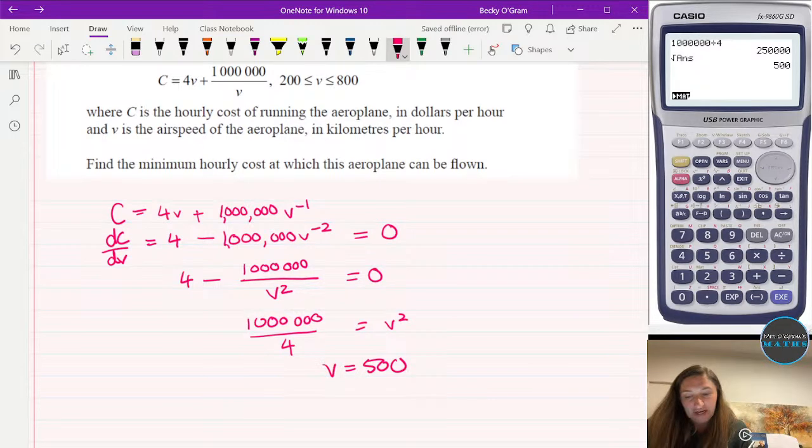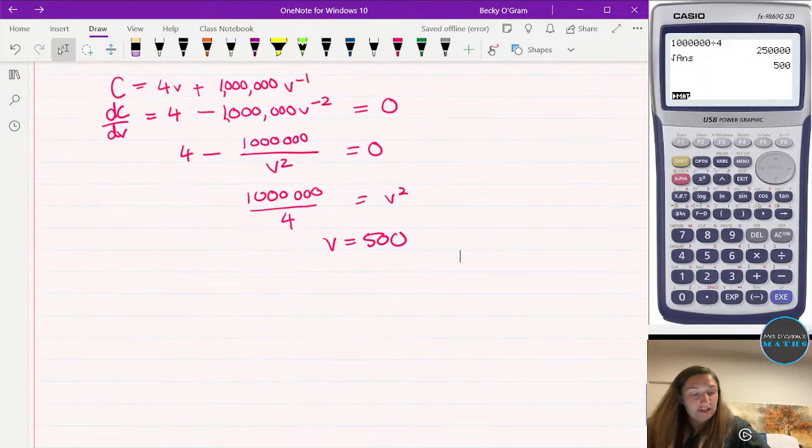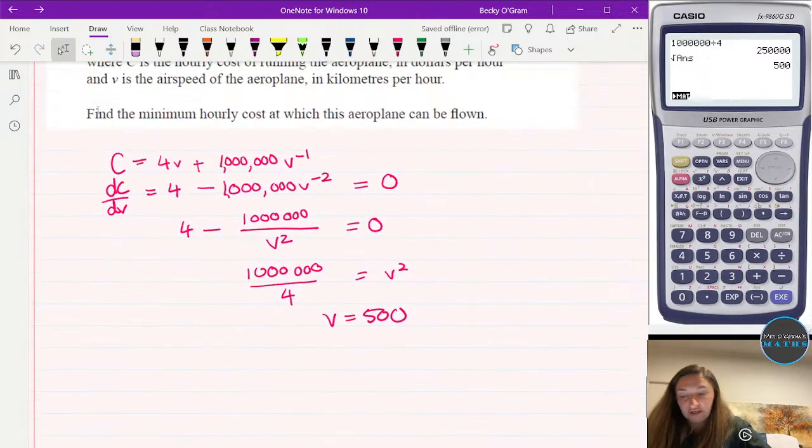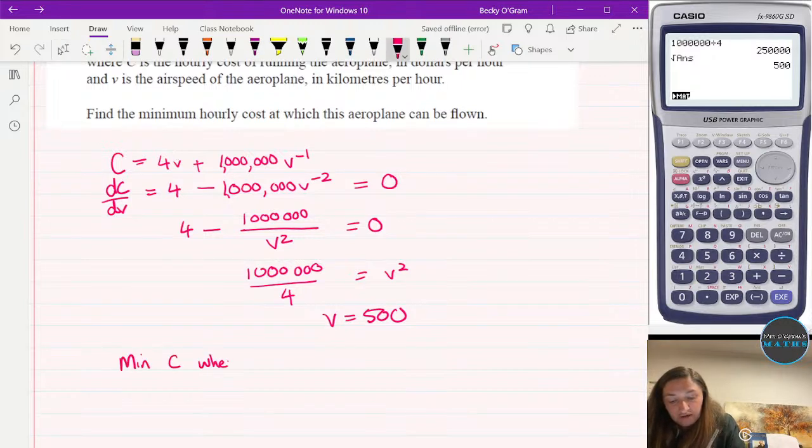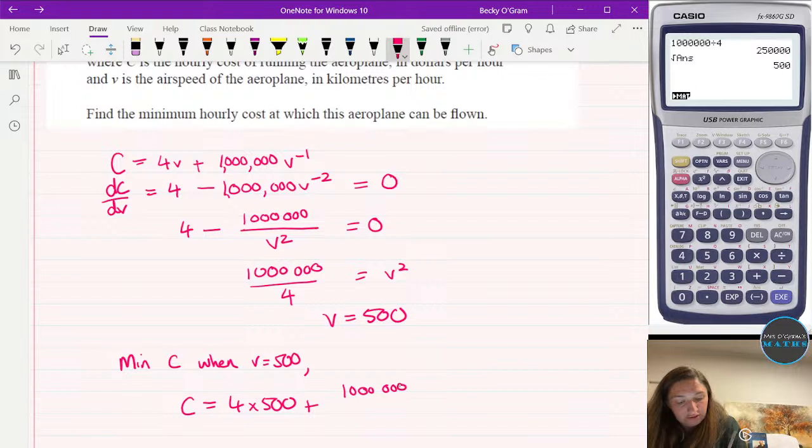We've found when it happens, and that's when v is equal to 500 kilometers per hour, but we actually want the value of that minimum cost. So find the minimum cost itself, which means we need to take that 500 and put it back into our cost equation. So the minimum cost when v is 500 is 4 times 500 plus 1 million over 500.